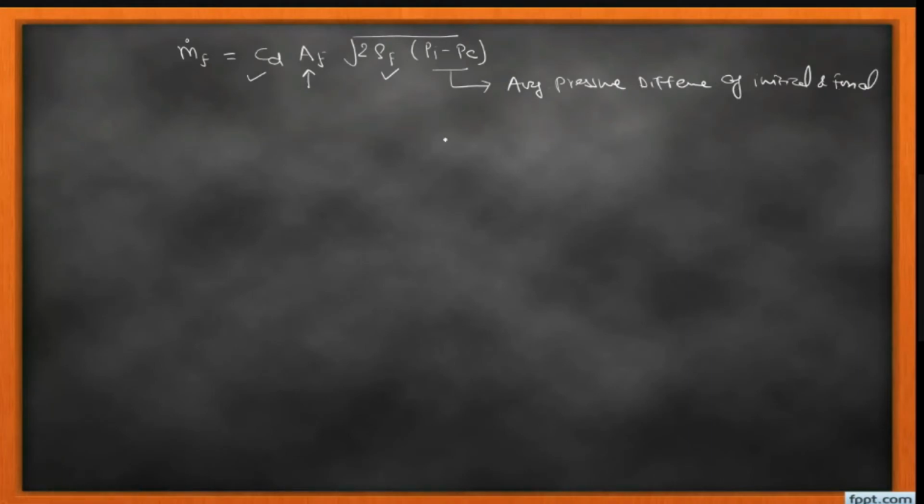So first let us calculate this PI minus PC. So the pressure difference at the beginning or starting, we can write that, at the beginning there is PI1 minus PC1.